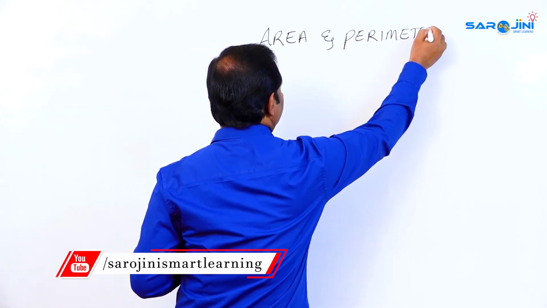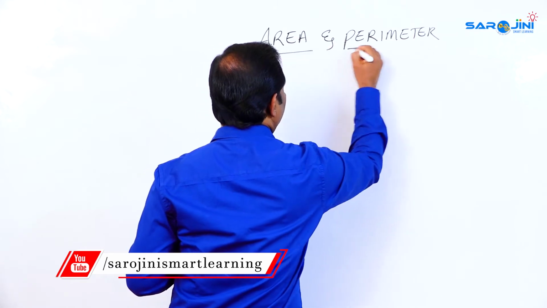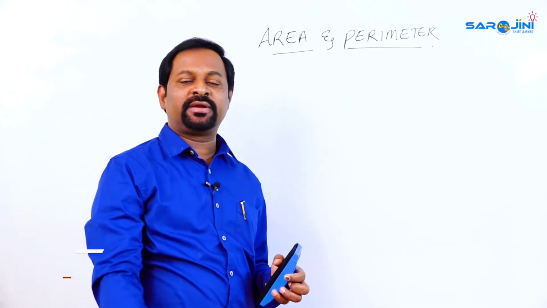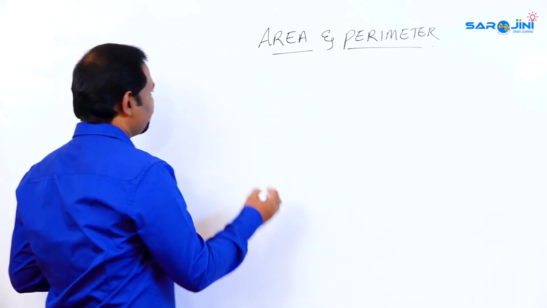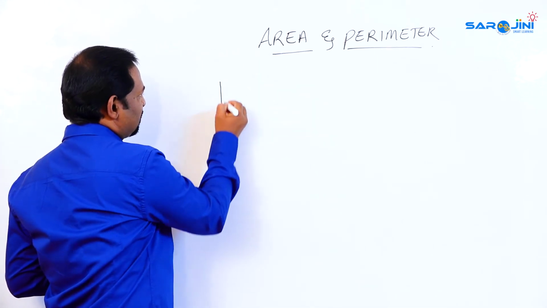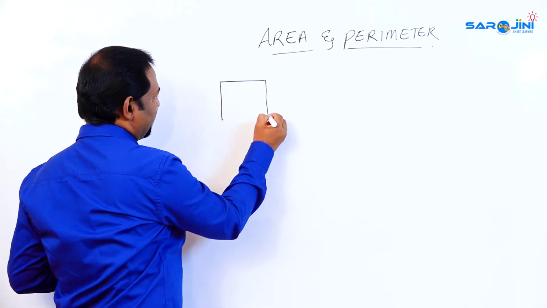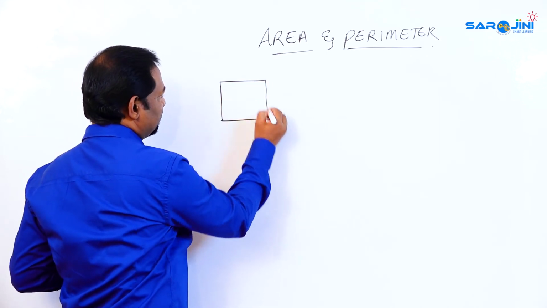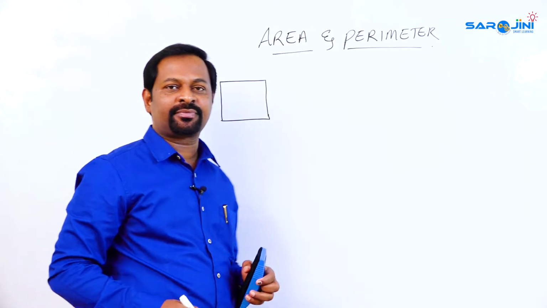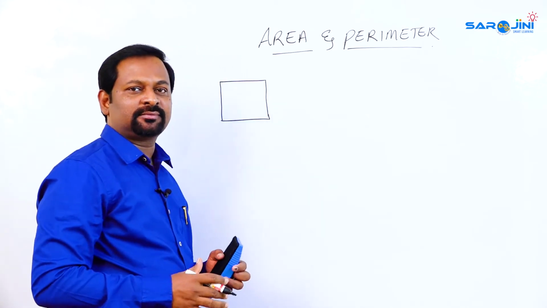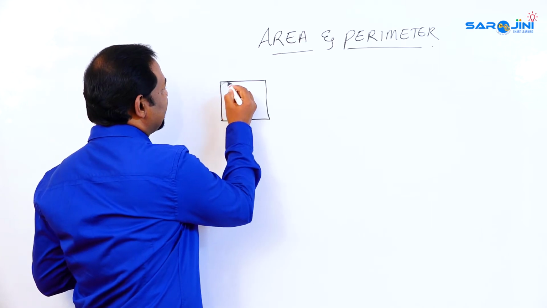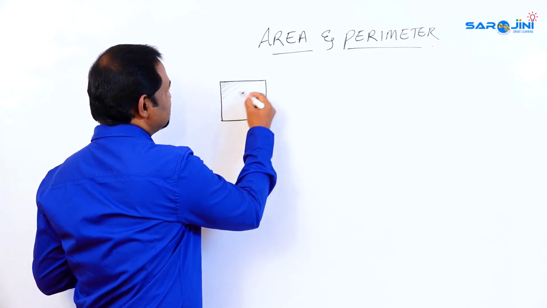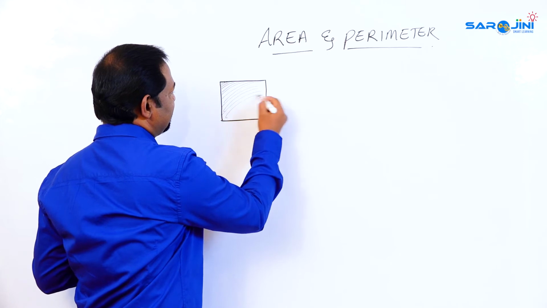We deal with area and perimeter. Suppose you take a picture of a square. What is area? Area means the space bounded inside the given lines. This completely comes under area.